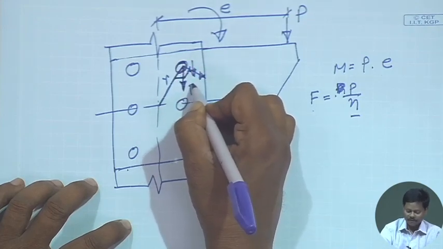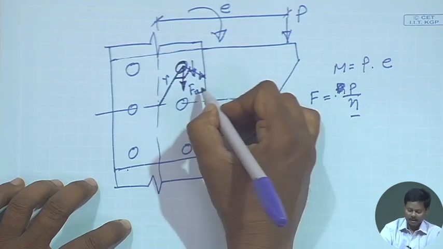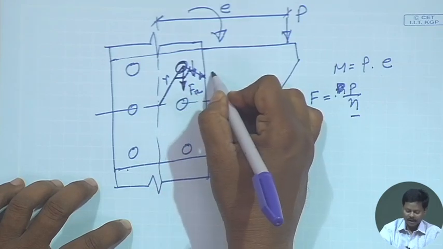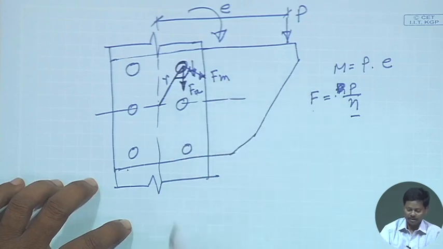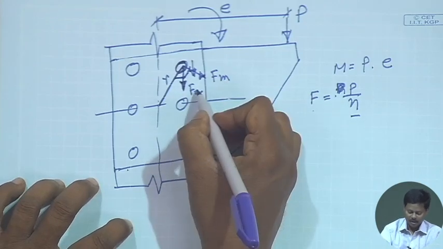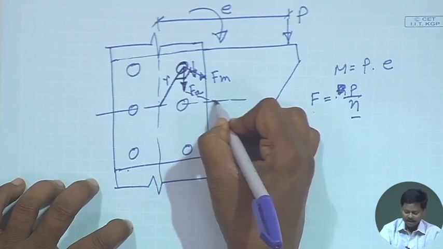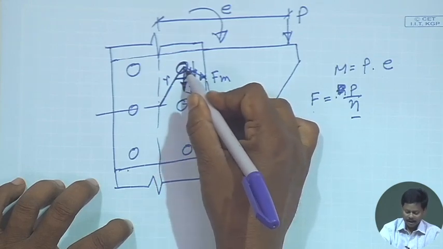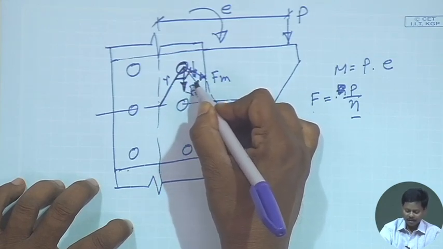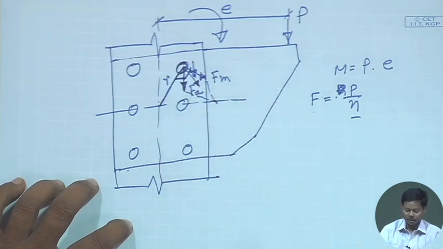One is F A due to the direct load, and another is F M due to the moment. We have to find the resultant of these loads, and this resultant will be the load acting on the bolt.